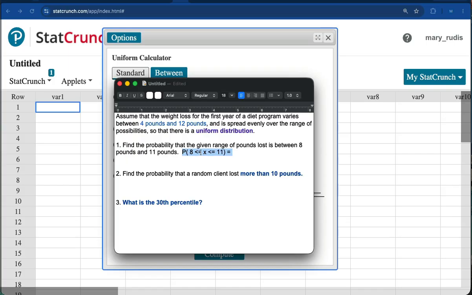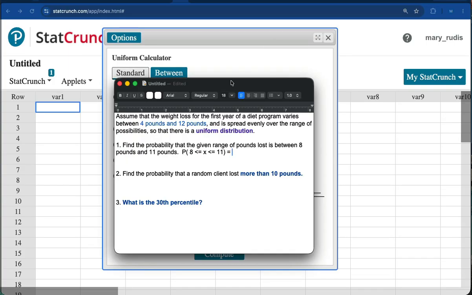I didn't have a symbol for less than or equal to, but that's supposed to be less than or equal to, and this is also less than or equal to. So the probability of outcomes X between 8 and 11 is equal to blank. That's what we're going to be calculating in StatCrunch.